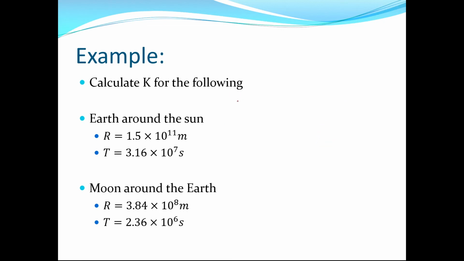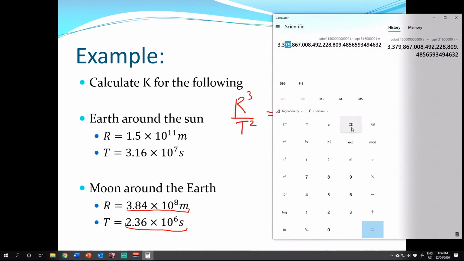So same equation. We get r cubed over T squared equals K. The radius will be this. Period of revolution will be that. So throw it into a calculator. Just clear everything. So 3.84 times 10 to the 8, and we'll cube it.